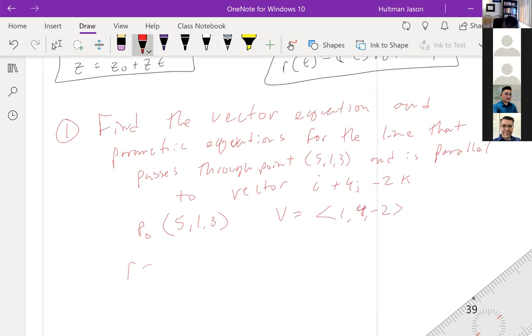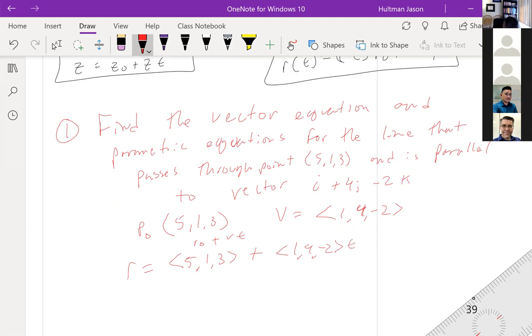Okay, so we have r is equal to r naught, which is 5, 1, 3, plus vt. So v is 1, 4, negative 2, times t.